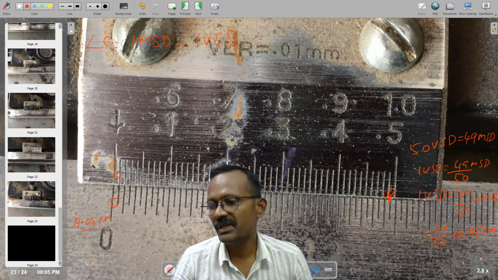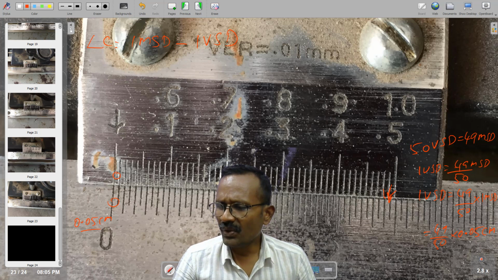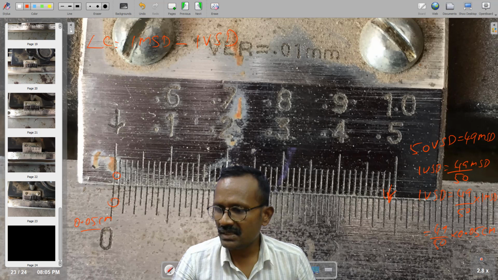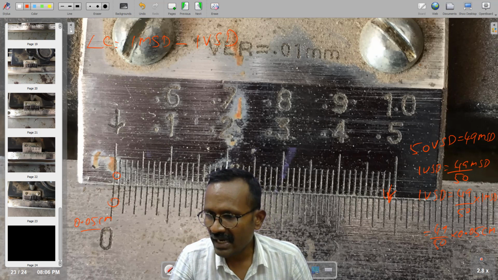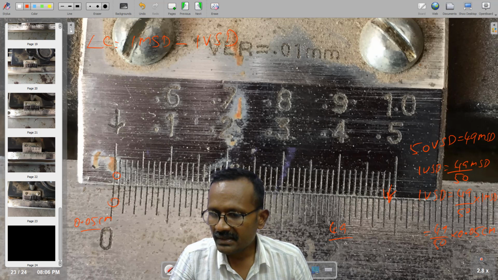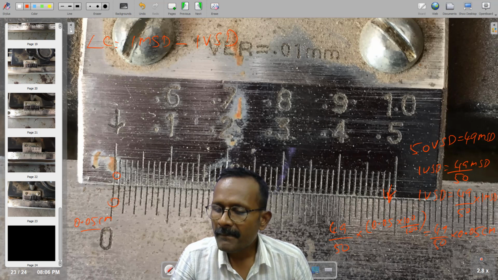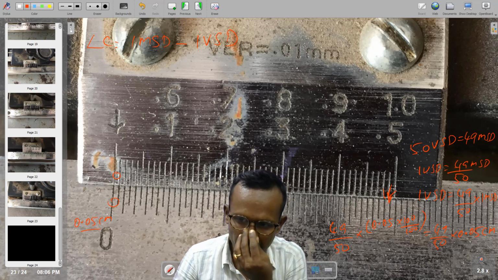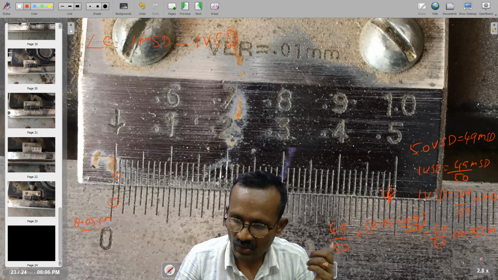One main scale division is 0.05 centimeter. If you multiply 49 into 0.05 divided by 50, how much will you get? I write it like this: 49 by 50 into 0.05, multiplied by 1000 and divided by 1000.